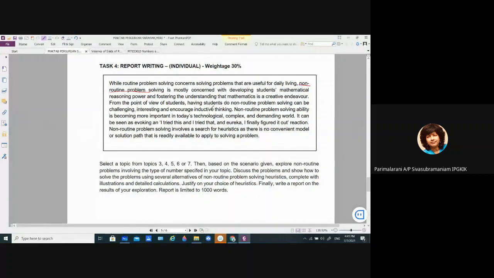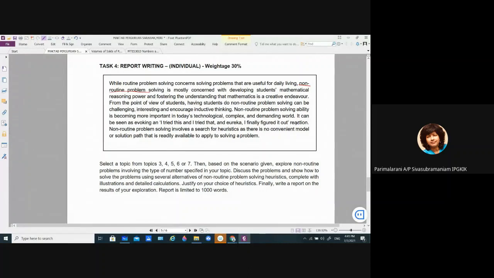From the point of view of students, having students do non-routine problem solving can be challenging, interesting, and encourage inductive thinking. Non-routine problem-solving ability is becoming more important in today's technological, complex, and demanding world. It can be seen as evoking an "I tried this, I tried that," and eureka. Eureka means suddenly I found it.